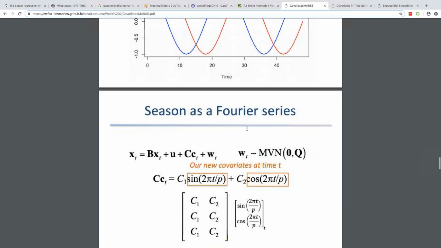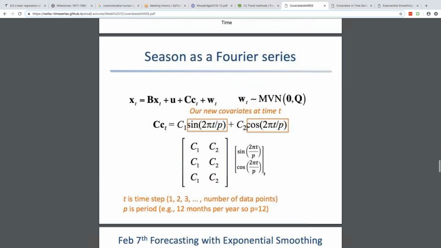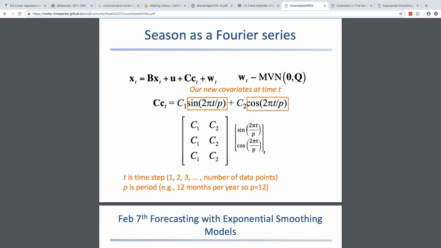With the Fourier series, it also has to be smooth. So we're limiting it, but this can work if you know that your seasonal pattern ought to look kind of concave-ish or like that. And what you do here is your 2 covariates are going to be a sine and a cosine, and you'll have time here.